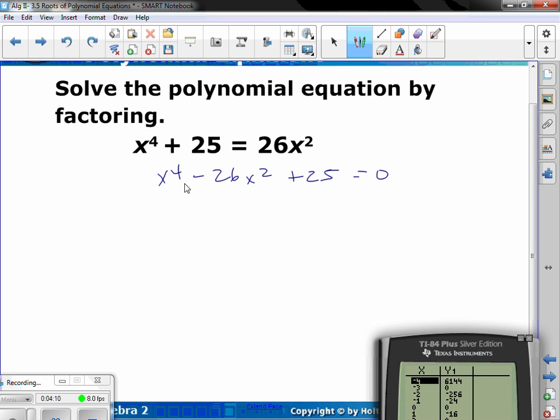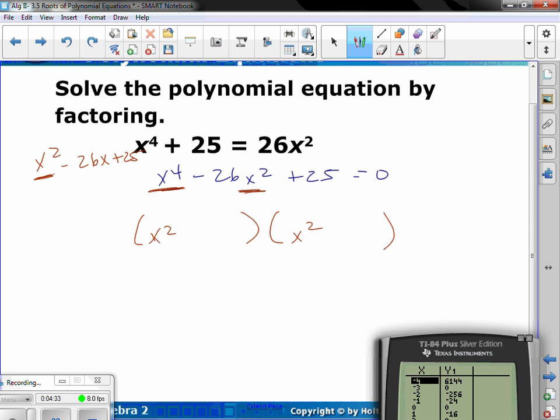x to the 4th. I need to break up an x to the 4th somehow to get x squareds. Not square root. x squared and x squared. Normally we would have x squared minus 26x plus 25. You put x and x, right?